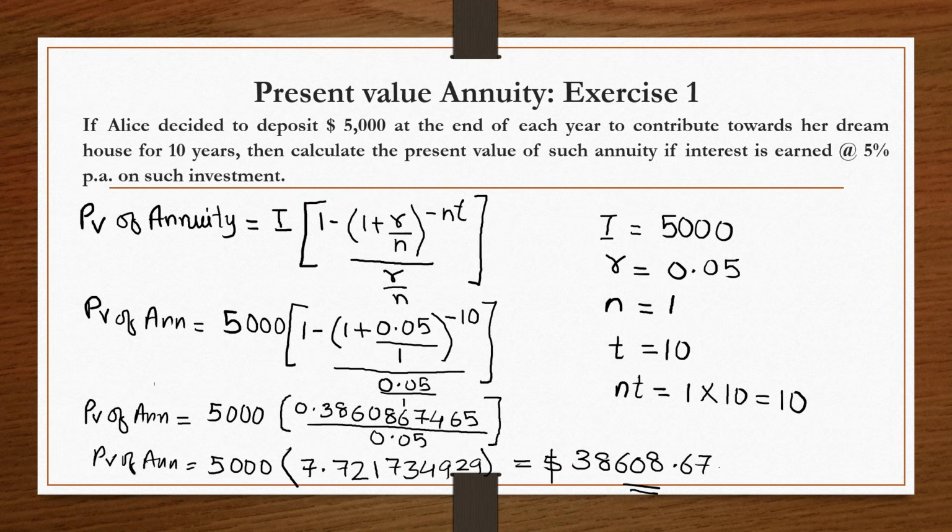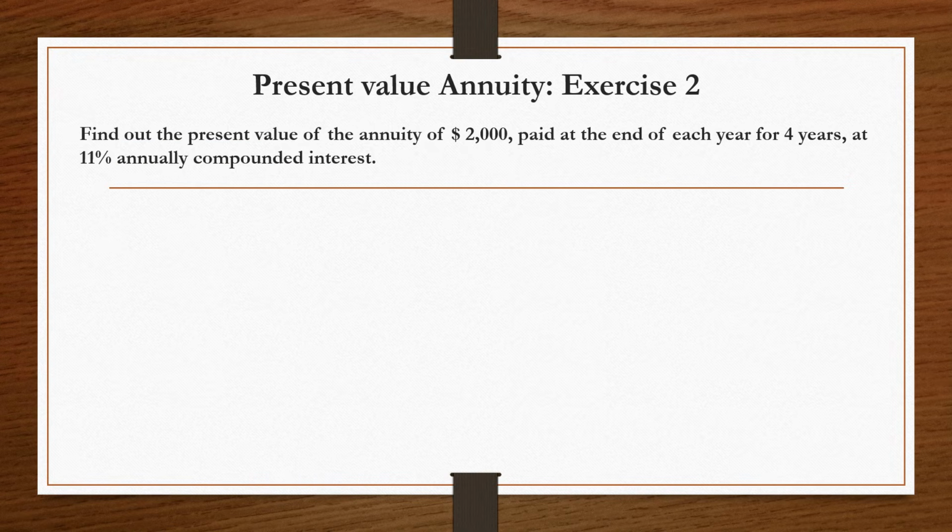Okay, we will take one more question. Find out the present value of annuity of $2,000 paid at the end of each year for 4 years at 11% annually compounded interest. Okay, so again we have read the question, we have understood, we need to find out the present value of annuity. So the first thing we will do is write the formula.